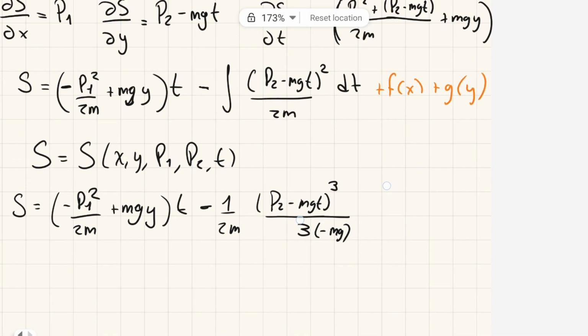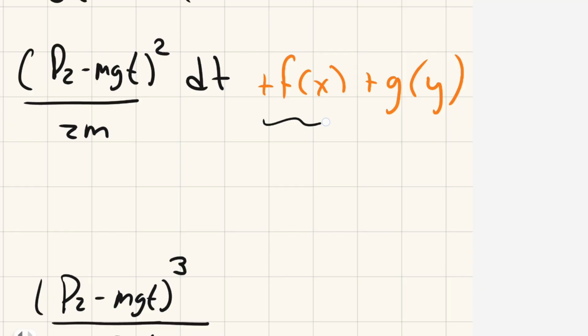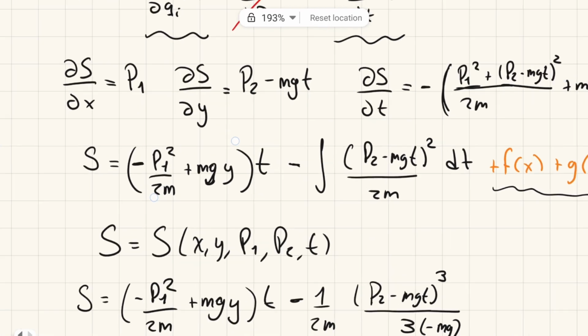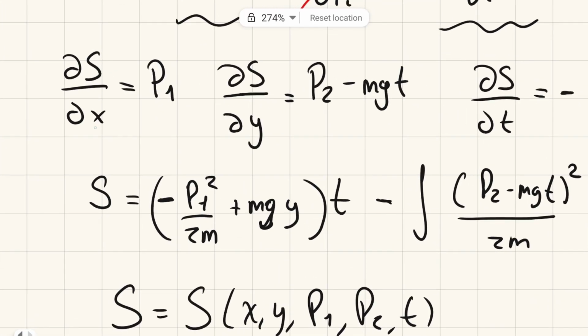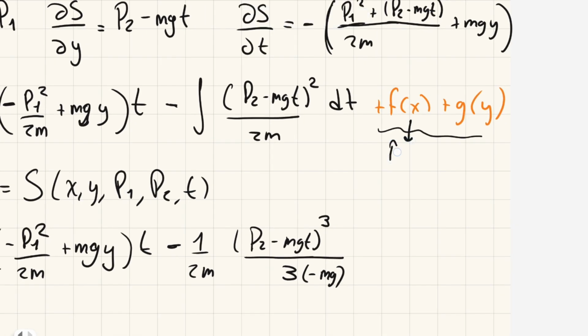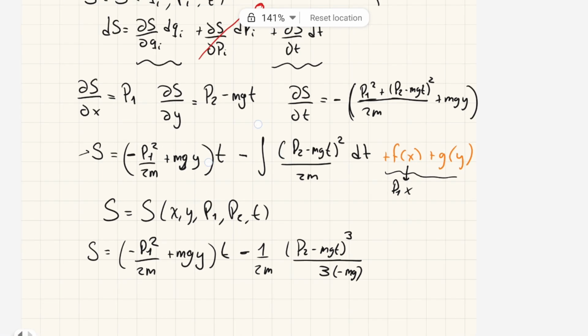Okay, and then what happens with these functions? Well, we see that this is a function of x, this is a function of y, but we mentioned that the partial of s with respect to x is equal to p1. So when we take the derivative of this function with respect to x, we need to get p1. So that means that f of x needs to be p1x, right? And that same thing happens here.